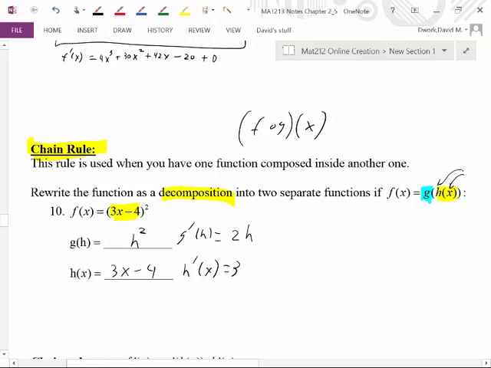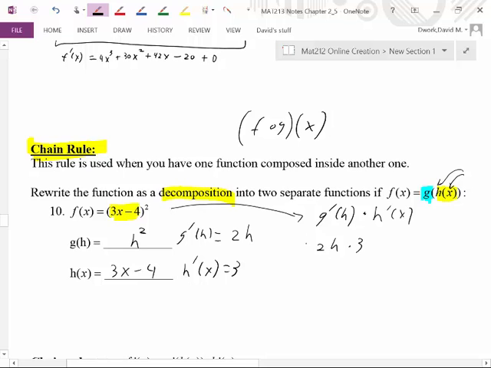So now what the chain rule tells us is the derivative of this function is g prime of h times the derivative of h prime of x. So essentially we're going to take our outside stuff, which was 2h, and multiply it by 3.